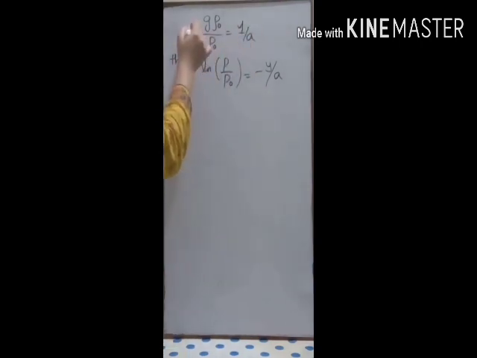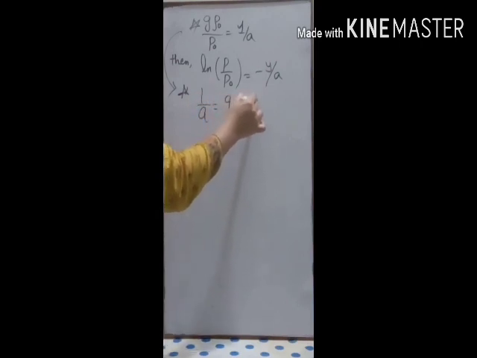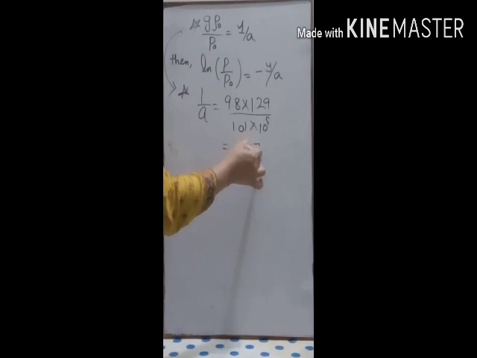Solving this equation, we have 9.8 into 1.29 for the density, divided by the atmospheric pressure on the earth, 1.01 into 10 raised to power 5, we get 0.117 per kilometer.